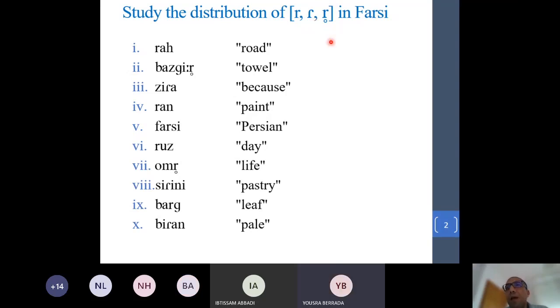The tap is between what and what? Between the tip of the tongue as an active articulator and, if the sound is dental, the dental region, the upper teeth, or the alveolar ridge if the sound is an alveolar sound. But the important thing is that there is only one single brief contact between the tip of the tongue and the alveolar or dental region, whereas the trill is characterized by a repeated pattern of opening and closing, which is driven by certain aerodynamic conditions.